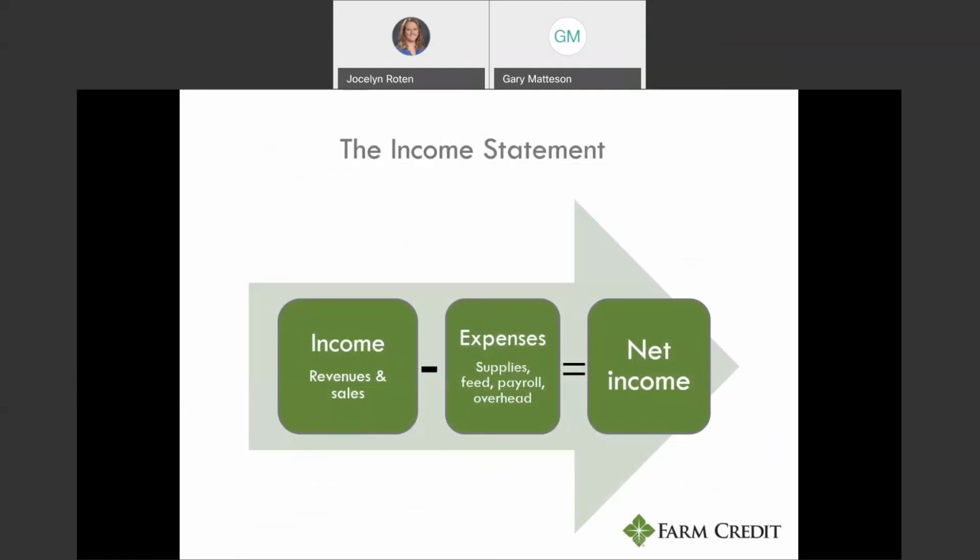Perhaps a more complicated thing to envision as you're starting out is a farm income statement, especially if you don't have any experience of income and expenses. Again, the equation here is income minus expenses equals net income.